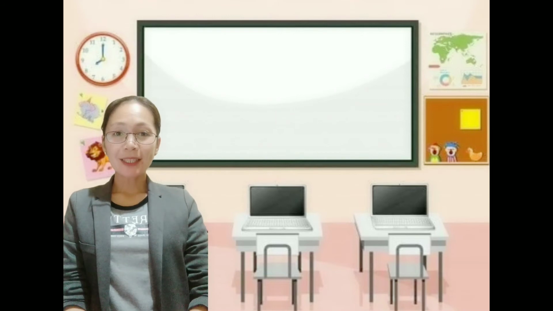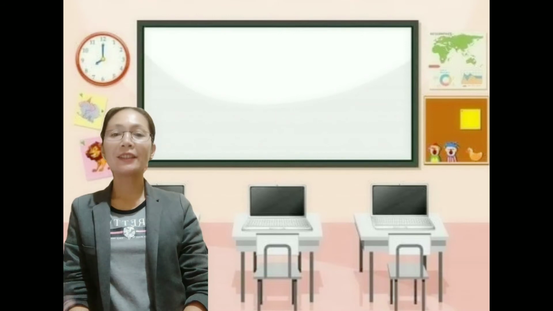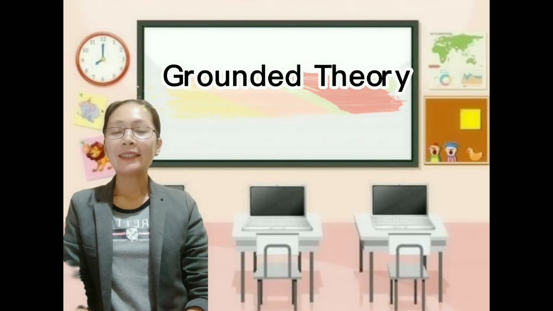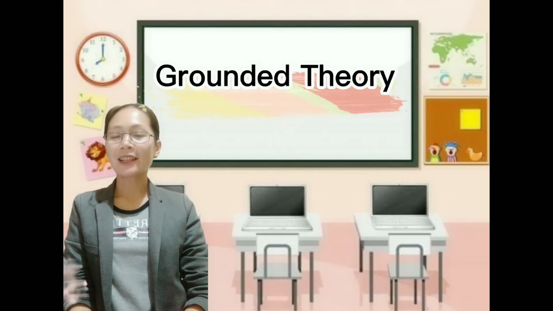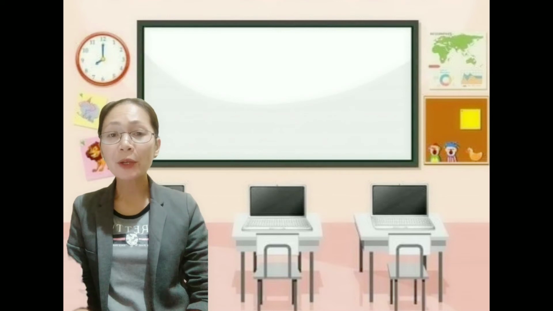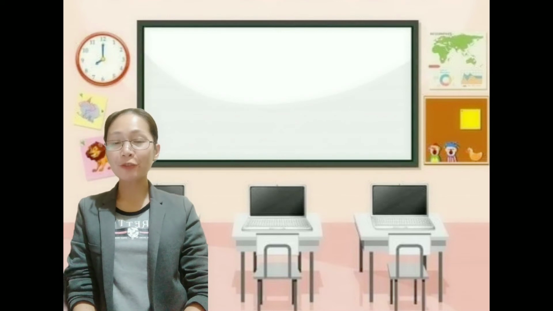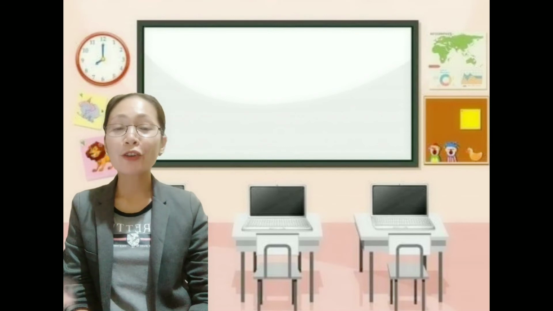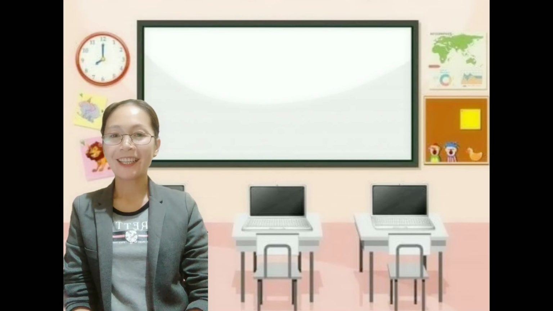Now, the last type of qualitative research would be the grounded theory. It is usually used by social scientists. So I will not be requiring you to make this type of research, because this is still quite complicated for you and it takes longer time to make.